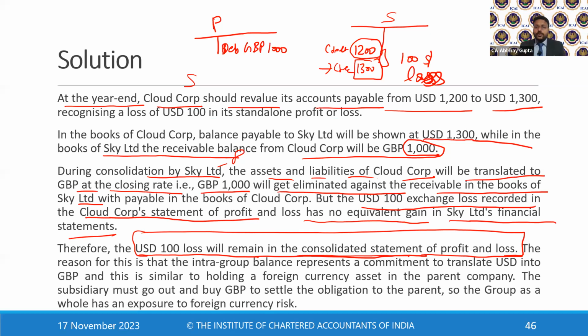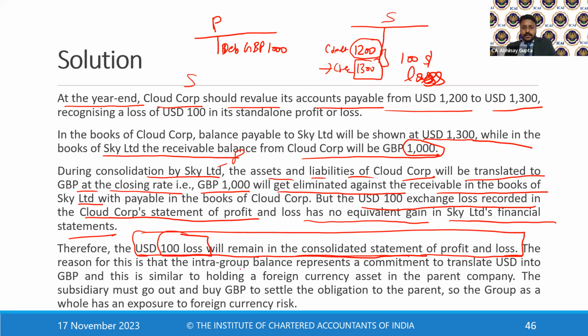Because this is the real exposure of the subsidiary company to purchase the GBP and discharge the obligation, because its functional currency is the US dollar. So by purchasing GBP by paying USD, they will incur a 100 loss if they discharge this obligation on the closing date, right? So this 100 loss will remain in the P&L of the subsidiary, and while preparing the consolidated statements, this 100 loss will continue to be reflected in the P&L of the consolidated financial statement, right?